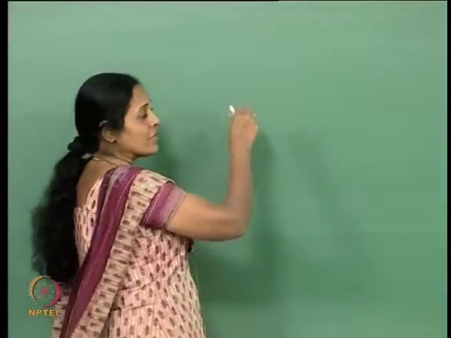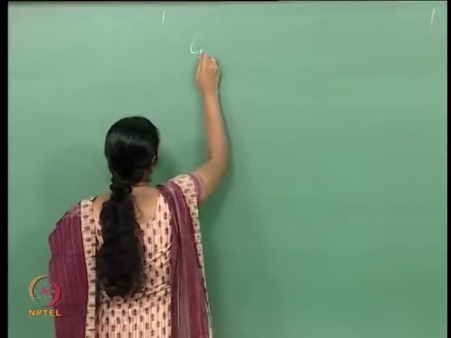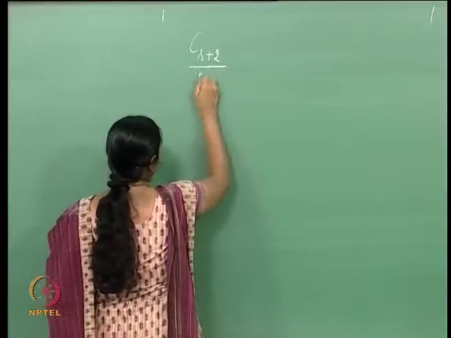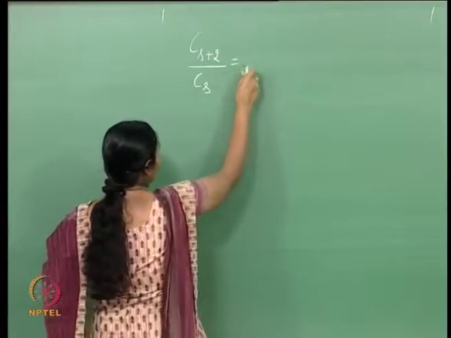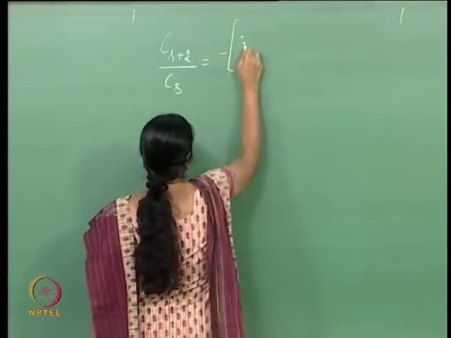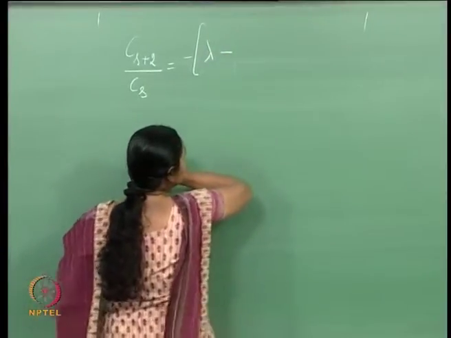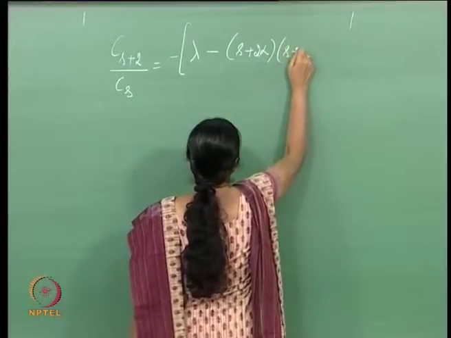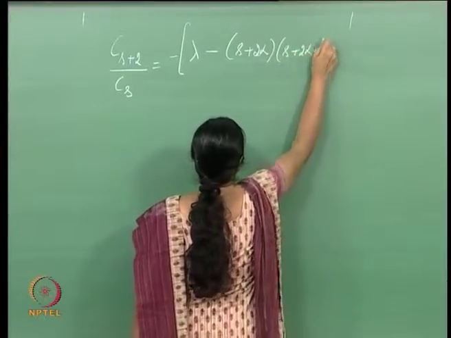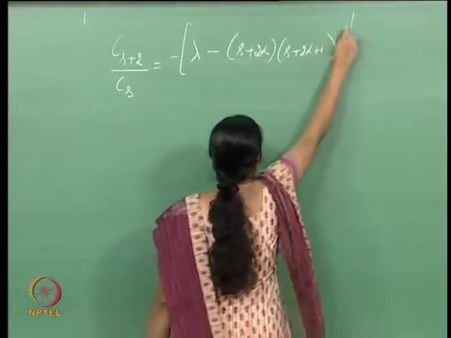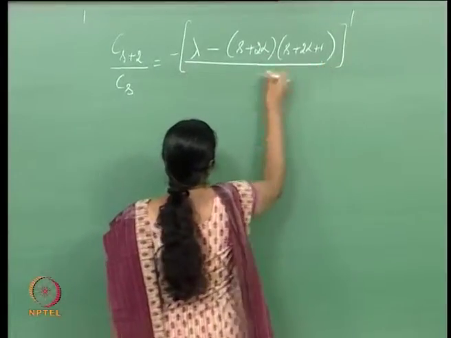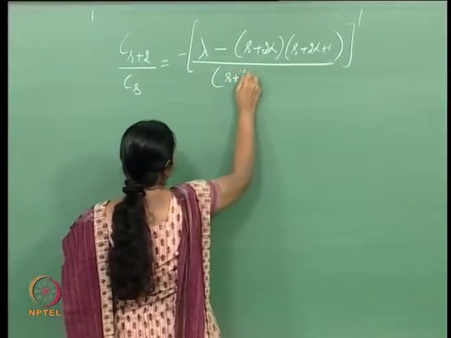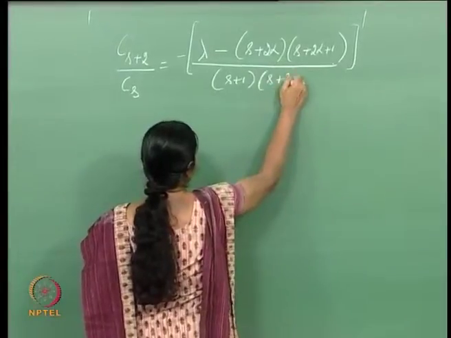I leave it to you as an exercise to show now that Cs plus 2 by Cs is minus of (lambda minus s plus 2 alpha times s plus 2 alpha plus 1), all of it divided by (s plus 1) times (s plus 2).